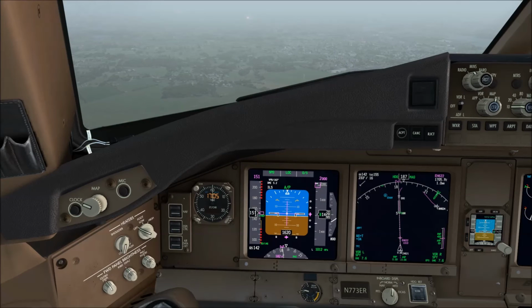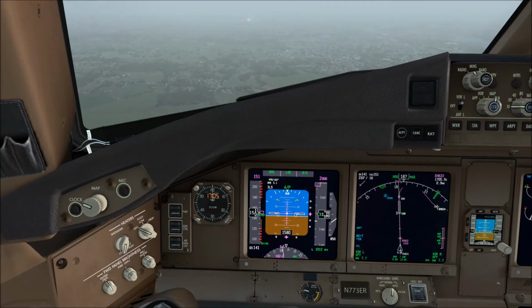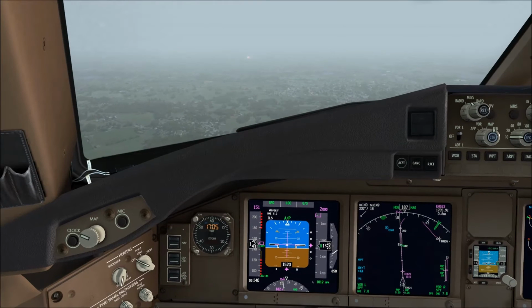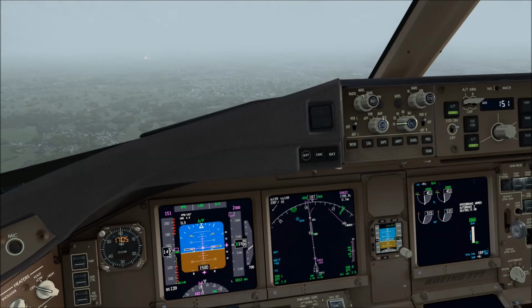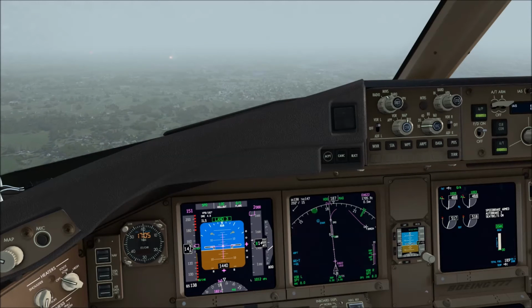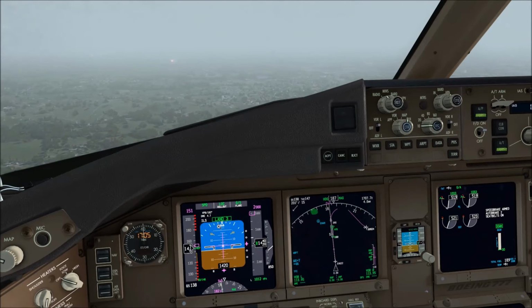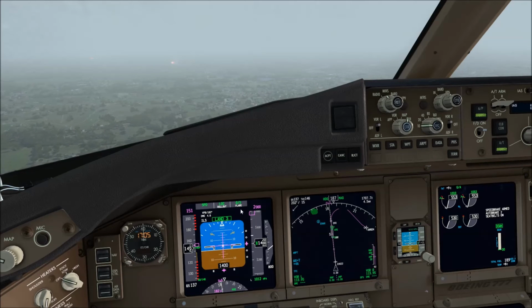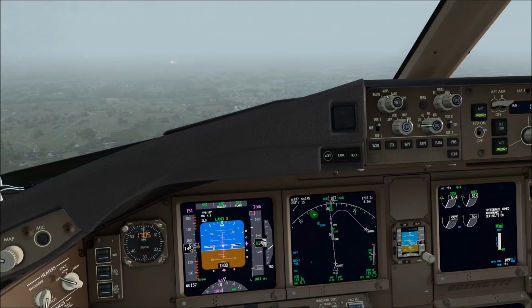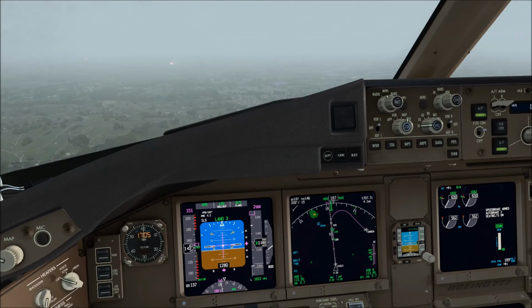So at 1500 feet radio altitude, the bottom of the horizon, we should get land 3 and roll out flare armed. Here we are, land 3, roll out flare armed. So that means that the 3 autopilots are now controlling the aircraft, which obviously offers a high level of redundancy.